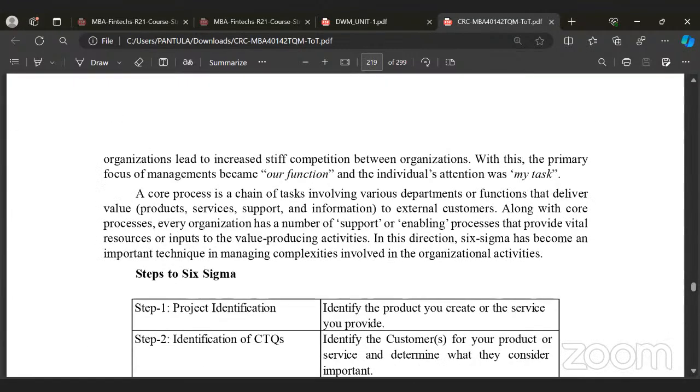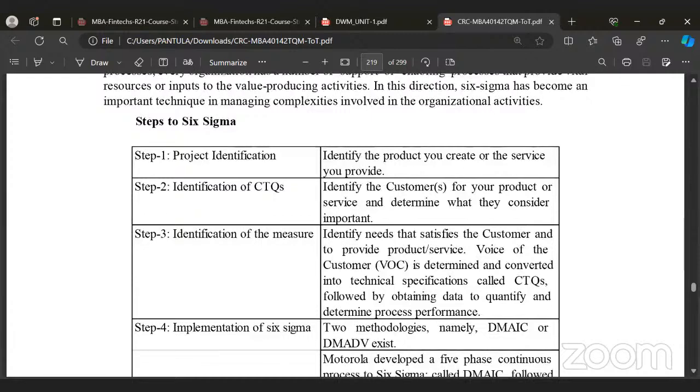Once we implement Six Sigma, what happens? Step one, project identification. Identify the product or service you provide. Then identification of CTQs, critical to quality requirements.